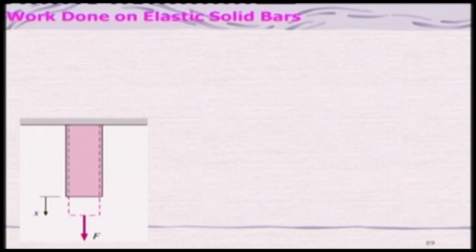So let us look at other work we will be handling: work done on elastic solid bars. If you look at this solid bar, which is subjected to a force and has some cross-sectional area, let us say A, what will happen when the force is applied?